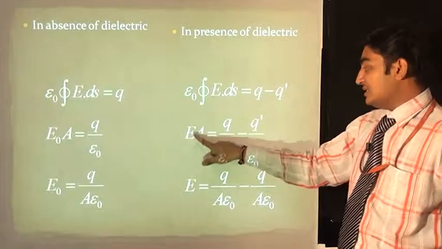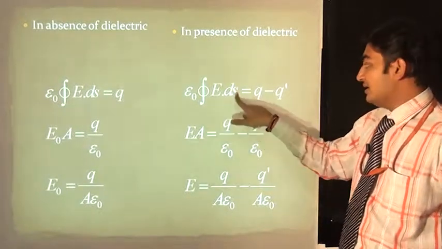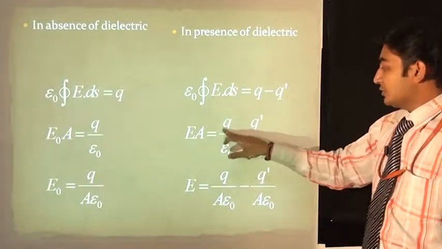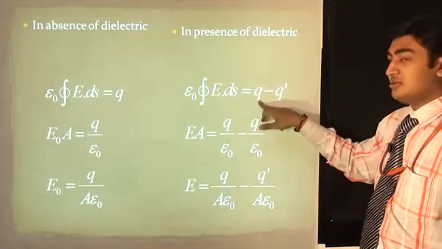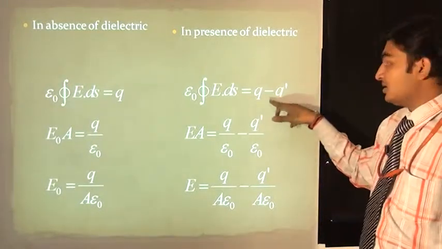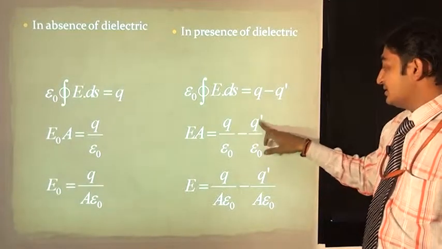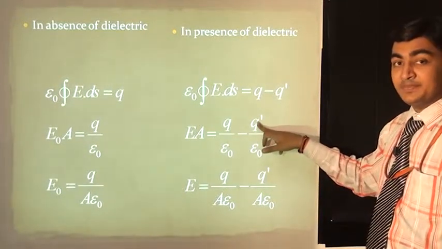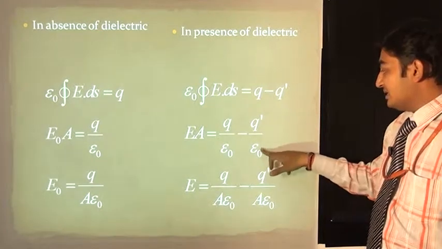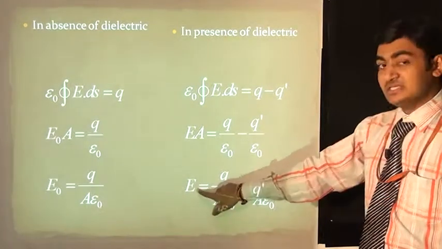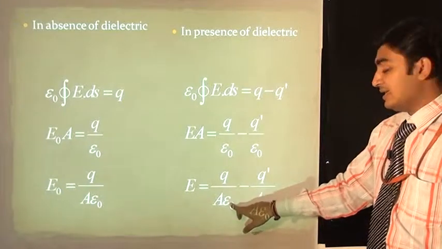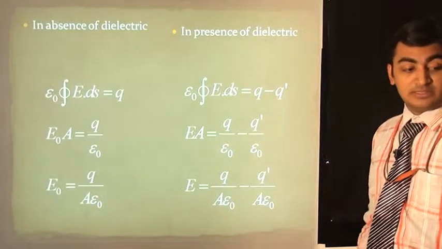Therefore, we get the equation: integral of E·dA is equal to q divided by ε0 minus q dash, the charge generated in the dielectric medium, divided by ε0. So E is equal to q divided by Aε0 minus q dash divided by Aε0.